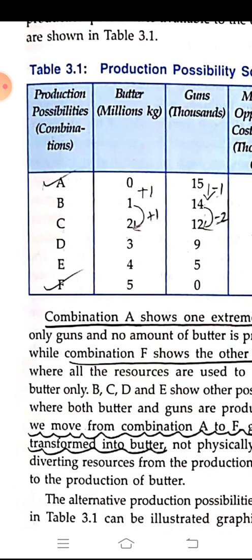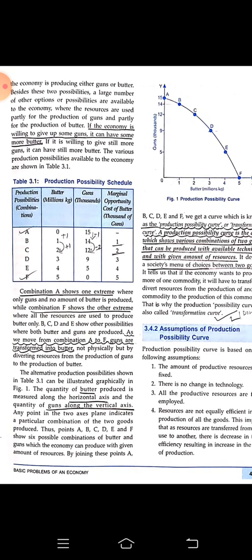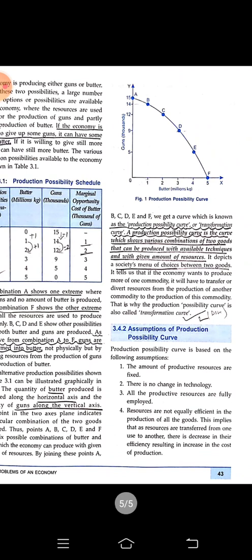So from 14 again we have deducted 2 units from here, and we have added 1 unit here. So the deduction of the gun is 2 units. In order to get 1 additional unit of butter, we have sacrificed 2 units of gun production. When the same thing is presented in a curve way, we say production possibility curve, right?